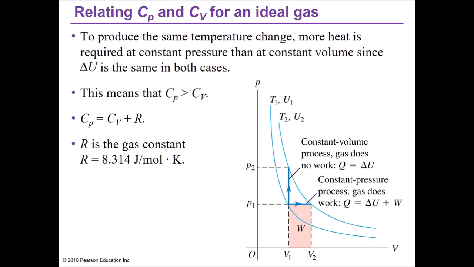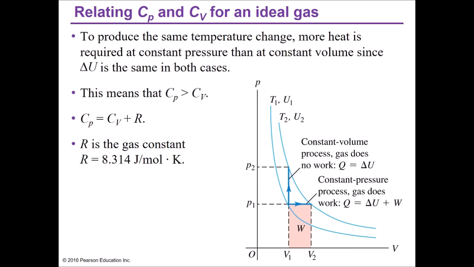Ultimately, though, if we're going to produce the same temperature change, we are going about this in a couple ways. One way we can do it, and you see in the process down here, is the constant volume process goes straight up, right? The pressure increases, no work's being done, and the amount of heat that's needed is equal to the change in thermal energy. Great.